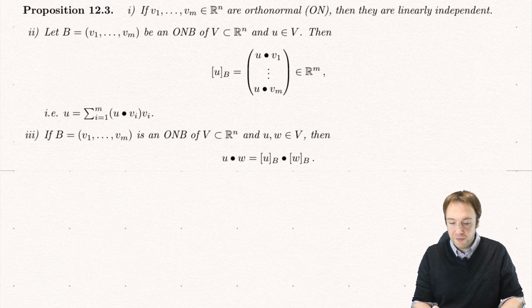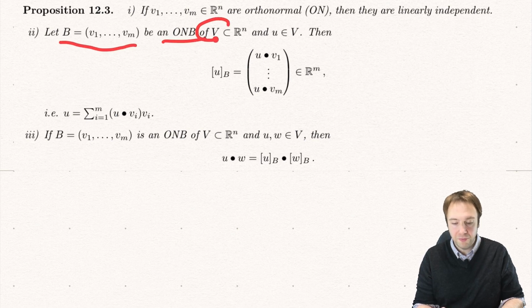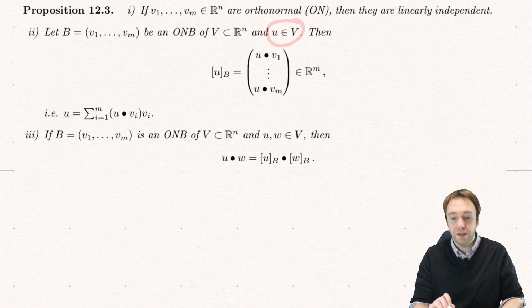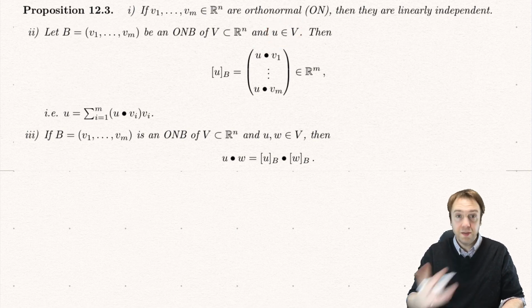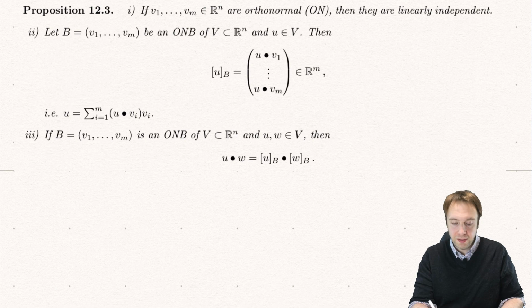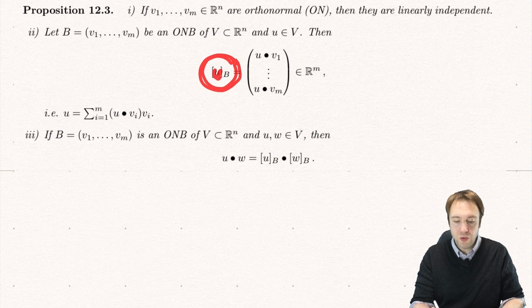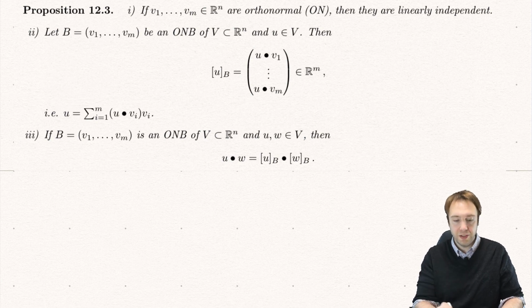And then another nice fact about an orthonormal basis is the following. If I have a basis which is an orthonormal basis of some subspace V, and now I take an element of this subspace, then as I said in the introduction, we can define what we mean by this coordinate vector. So the coordinate vector of u with respect to the basis B tells us how we can write u as a linear combination in this basis here.